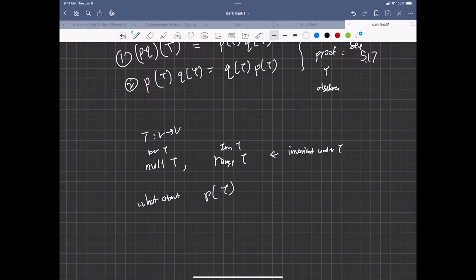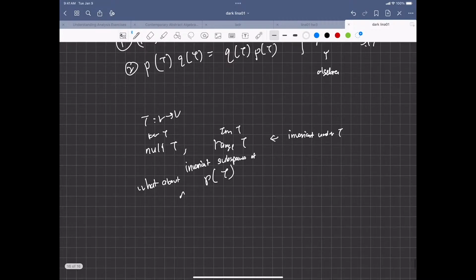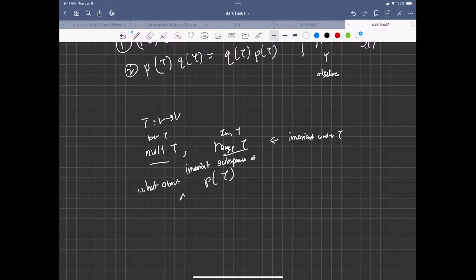If we have a polynomial of T, what about invariant subspaces of this operator? The question is, if we know the invariant subspaces of T, do we know the invariant subspaces of P of T?